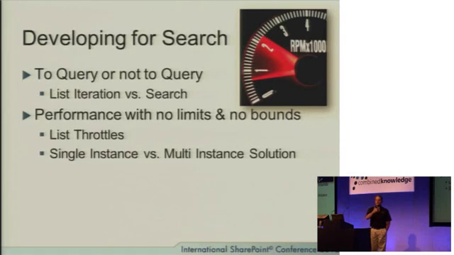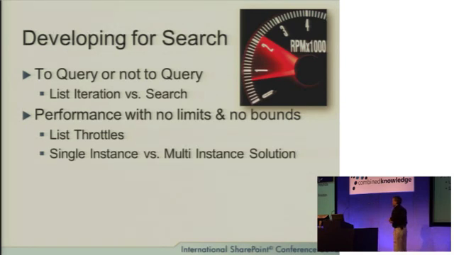Since they're using a content type of contract, we're able to construct a query that says, go get me all of the documents of content type contract and bring those back. I don't care where they are. So if somebody's working on one on their My Site, he still sees it. Do you get that? So we're talking about the scope of enterprise search is the entire farm that you've deployed for SharePoint.